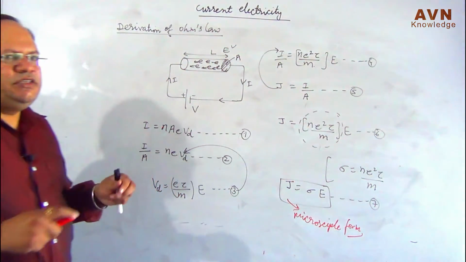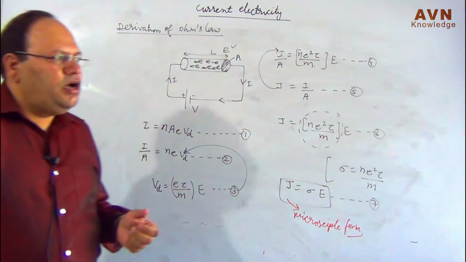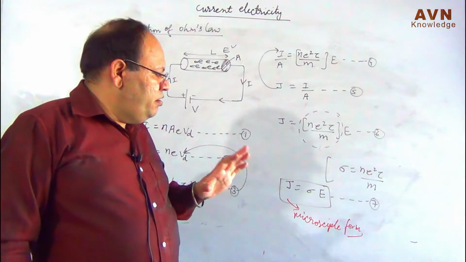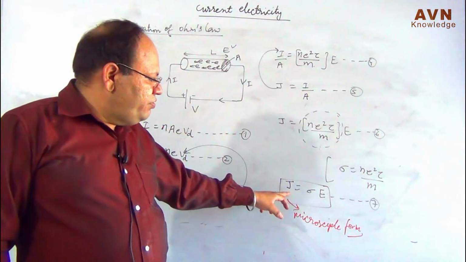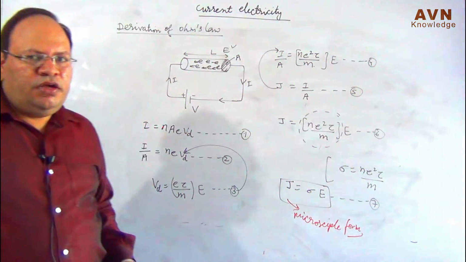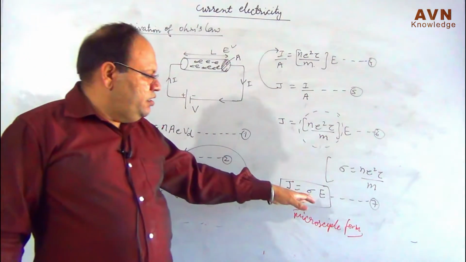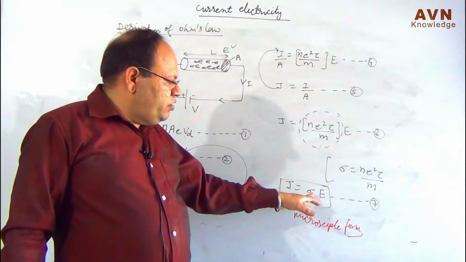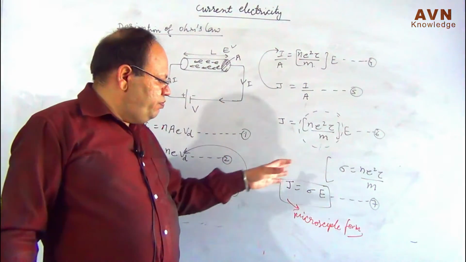In various board examinations, you can be asked to derive the microscopic form. So you have derived J equals sigma E, and if J and E are given, you have to prove J equals sigma into E.